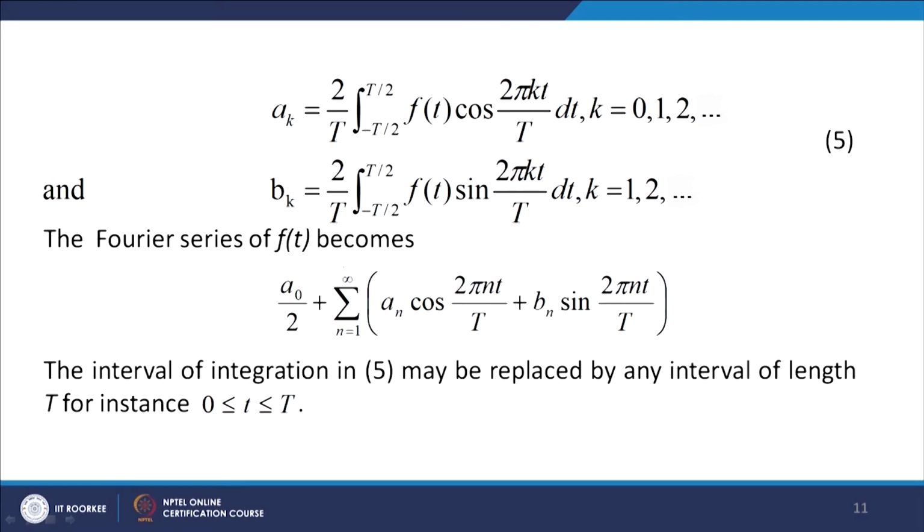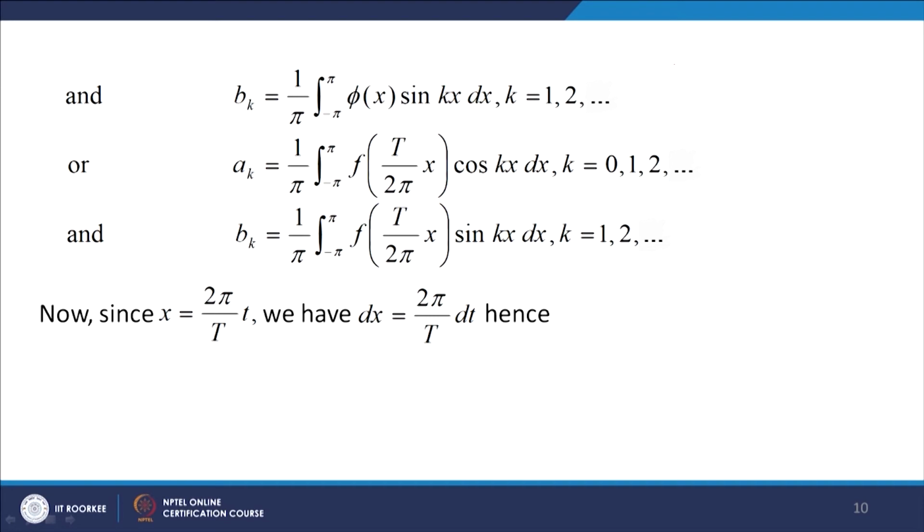The Fourier series of f(t) now becomes a_0 by 2 plus sigma k equal to 1 to infinity a_n cos 2 pi nt by T plus b_n sin 2 pi nt by T. The Fourier series for the function phi is a_0 by 2 plus sigma k equal to 1 to infinity a_k cos kx plus b_k sin kx. So, let us put x equal to 2 pi t over T to get the Fourier series for the function f.